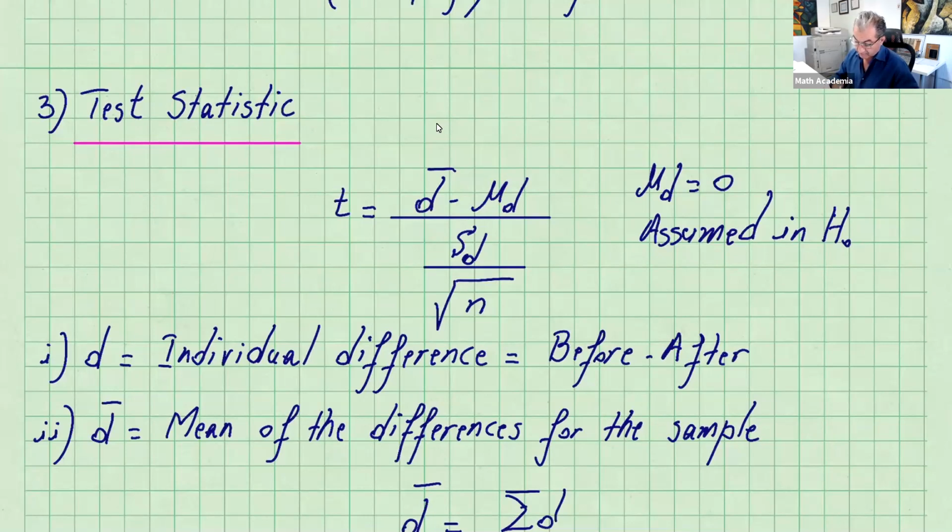So the professor can take the score of the first day, which is before, minus the score of the last day, which is after. And it's always before minus after.